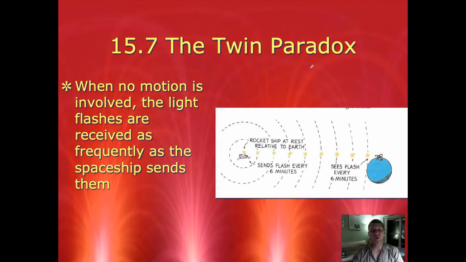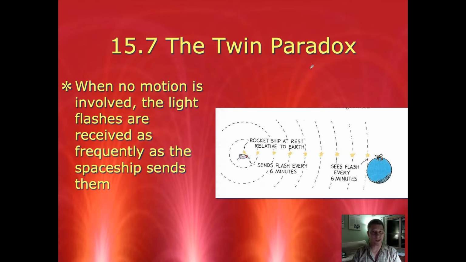So when no motion is involved at all, the light flashes are received as frequently as the spaceship sends them. There's no difference here because the ship is at rest relative to the Earth. If it sends a beam of light every 6 minutes, the twin on Earth will see a flash of light through his telescope every 6 minutes.